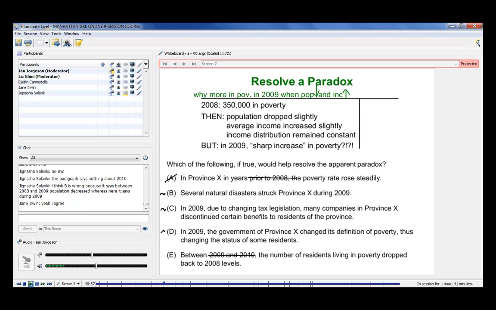I see what you're saying. But I guess my question is, do we really care about the population decrease? What we care about is that in 2009, there was a sharp increase in poverty. Does B explain how there could be a sharp increase in poverty in 2009? That's the real question.